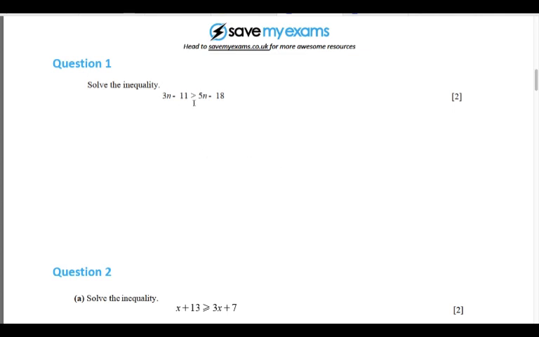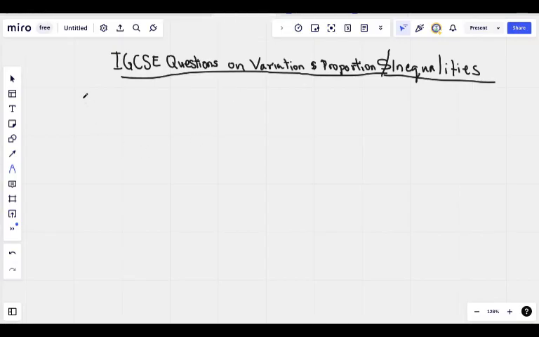3n minus 11 is greater than 5n minus 18. So we're starting with inequalities first, so we write inequalities first. Question number 1.